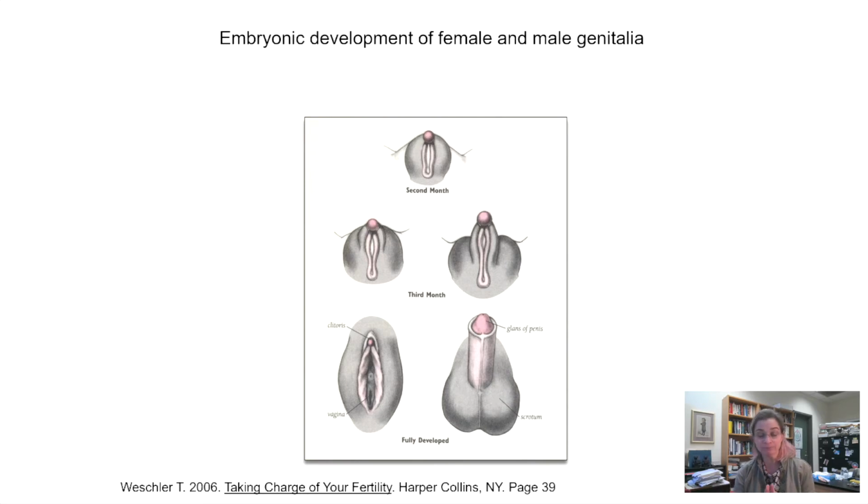Embryonic development unfolds in exactly the same way for the first 6 weeks after fertilization. At week 6, they begin to differentiate into male and female. So males and females start with the same genitalia and then they differentiate.